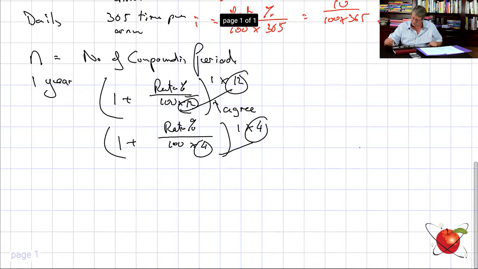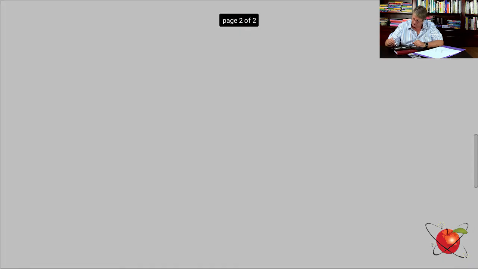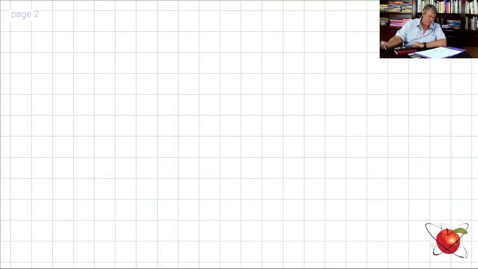Moving along, we've looked at that. Now, let's do a few examples to recap. Very quickly, I did a couple of examples here. Let's say A is equal to 1,000.